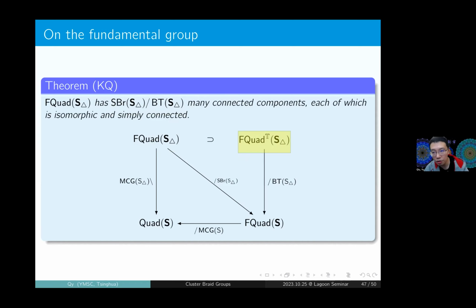In fact, each of them is isomorphic to each other, so you just take one. And now this will have a covering group of this new braid group to this framed quadratic differential space of the marked surface. So this group appears naturally when you calculate pi1 of quadratic differentials.